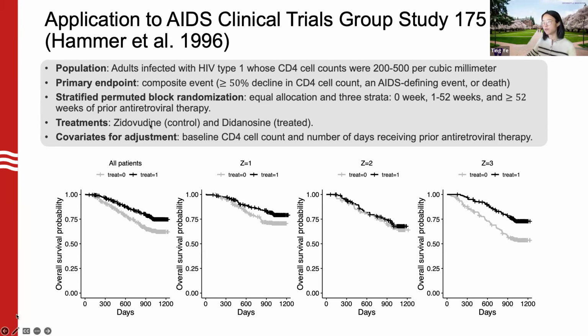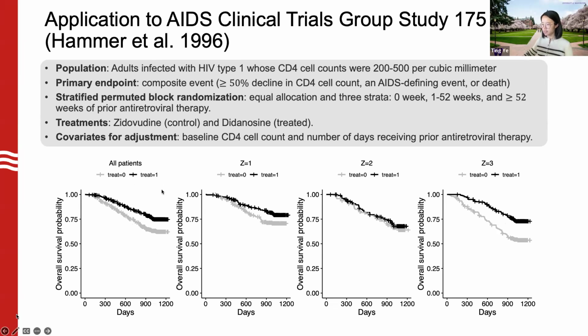There are 4 treatment arms, but here I just take 2: didanosine compared to zidovudine. The covariate adjustments we use are the baseline CD4 cell count and the number of days receiving prior antiretroviral therapy. Here are the unadjusted Kaplan-Meier curves, for all the participants and for these 3 subgroups.